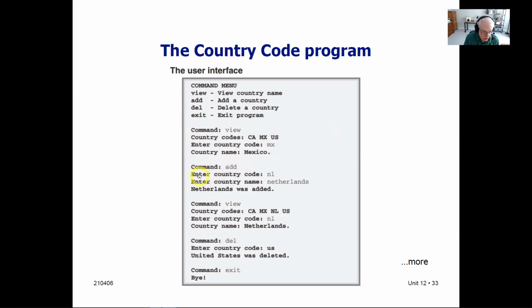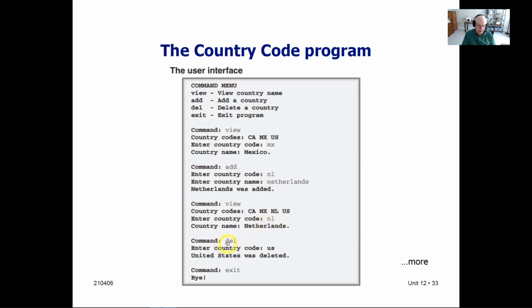To add, we just enter a code. We want to make sure our code looks up to see if NL exists already. If it does, we need to deal with that issue. If NL does not exist in our dictionary, then it adds it. Then we can view again, and there's NL that we added, and we can look for it.